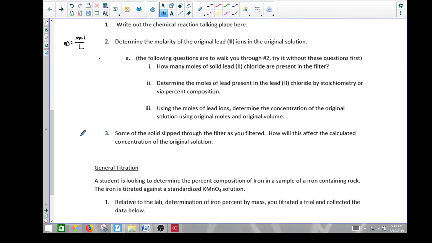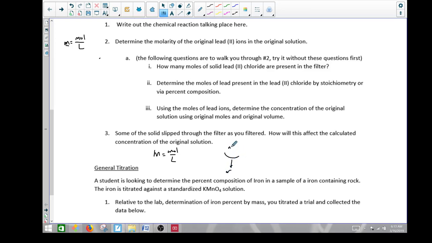Some of the solid slips through the filter as you filtered it. How will this affect the calculated concentration of the original solution? In this case, molarity equals moles per liter, and when we filtered it, some of our original solid went through.